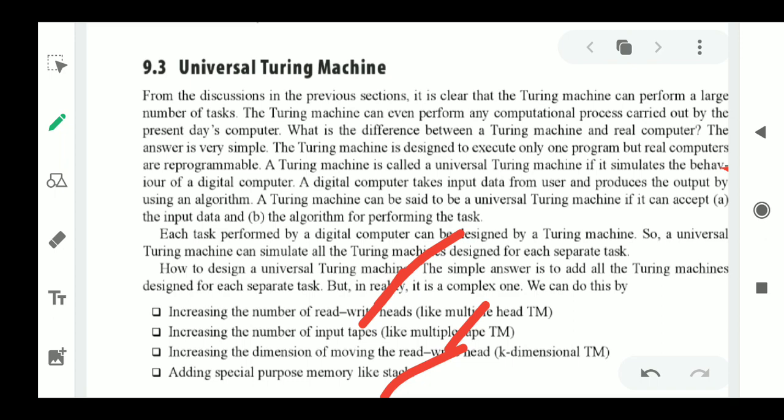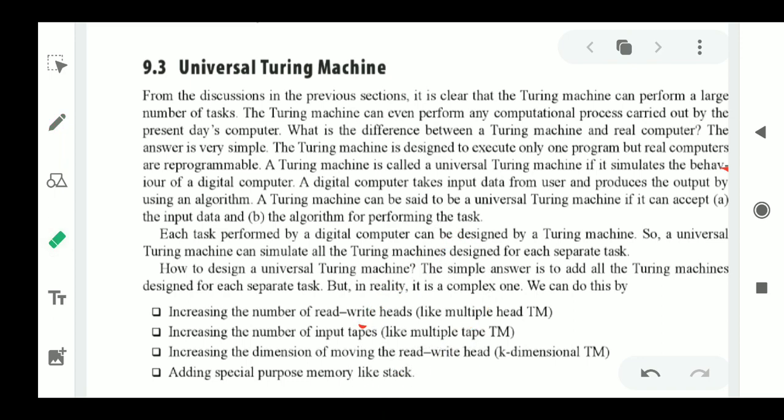A normal Turing machine consists of only one input tape and one read or write head, and the scanning process goes from left to right or right to left.